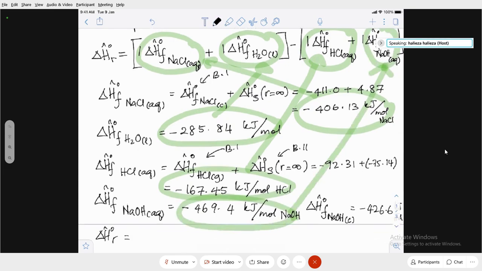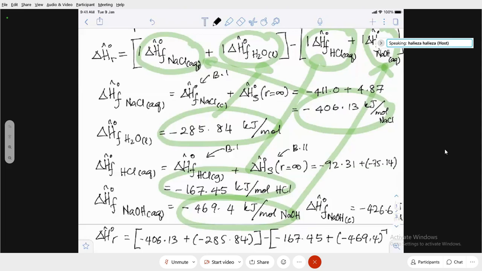For sodium chloride it is minus 406.13. For water, minus 285.84. Now for the reactants, for hydrogen chloride minus 167.45, and for your sodium hydroxide minus 469.4.